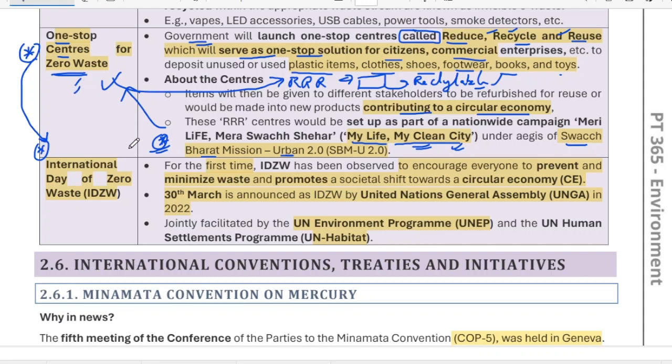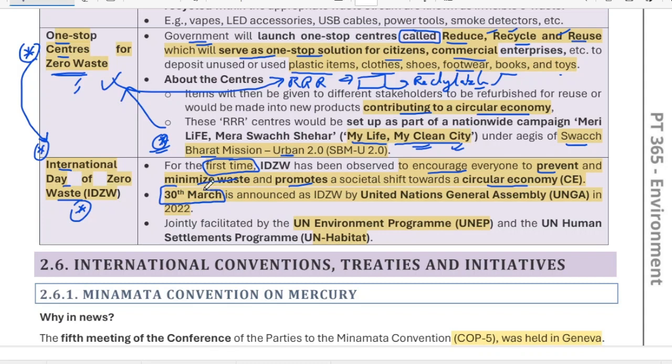Now, moving ahead to a related item: the International Day of Zero Waste has been declared. It is the first time that this day has been declared. It will encourage everyone to prevent and minimize waste and promote the circular economy concept. What is the date?